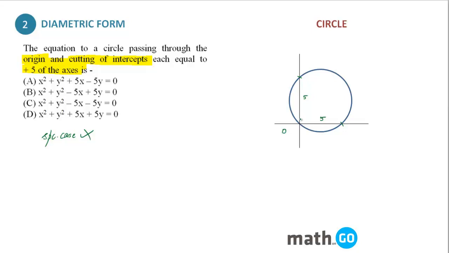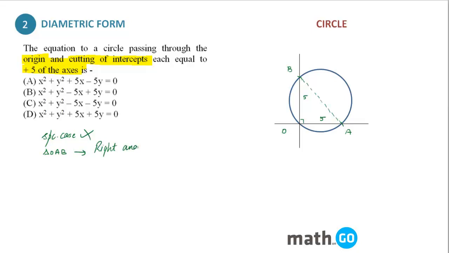Now can you tell me that if these are the axes, this angle would be 90 degrees, right? And if I join these points, just mind the diagram, I might not be drawing a very clear line. So let's say this point is A and this point is B. So triangle OAB, what is triangle OAB?